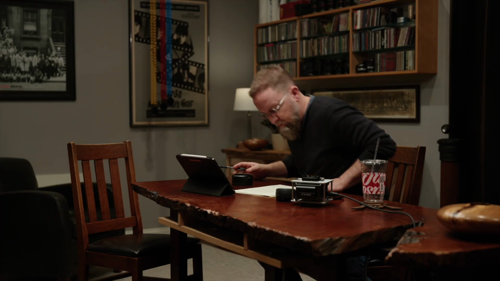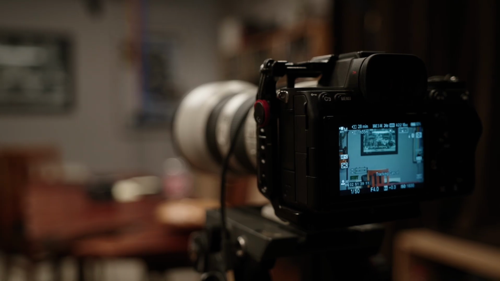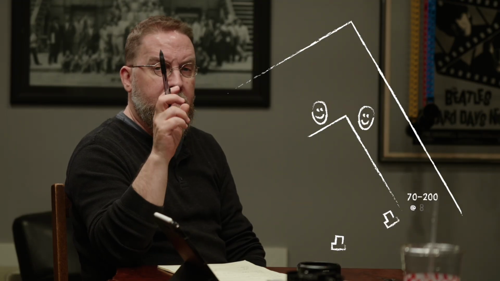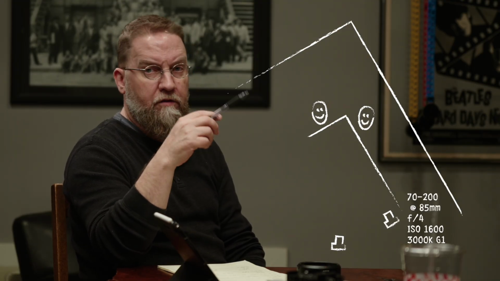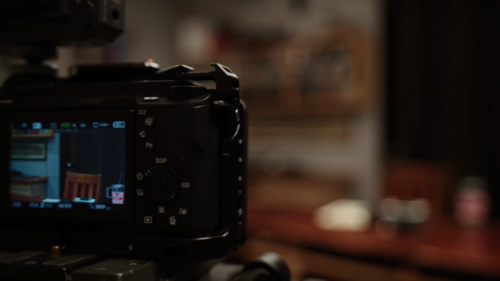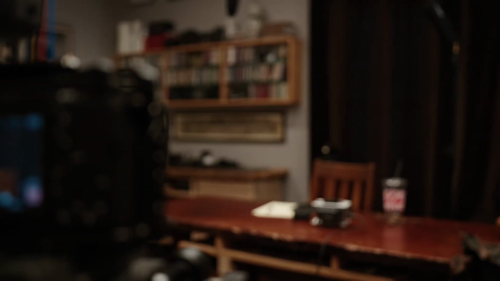The next camera over here, let me move to this spot. This is an 85mm lens. It's at f4. The ISO is 1600. 3000K is the white balance setting in there, also with a green shift of 1. It is 10 feet from this point, and it's exactly 25 degrees over from the main camera. Almost those same settings will apply to the other angle over here.